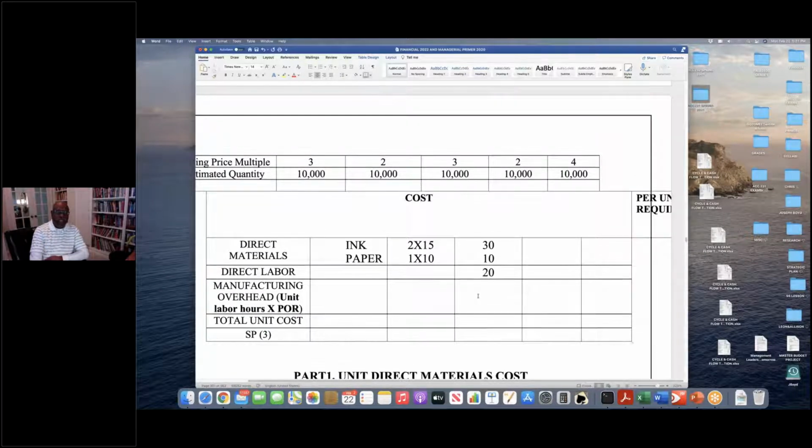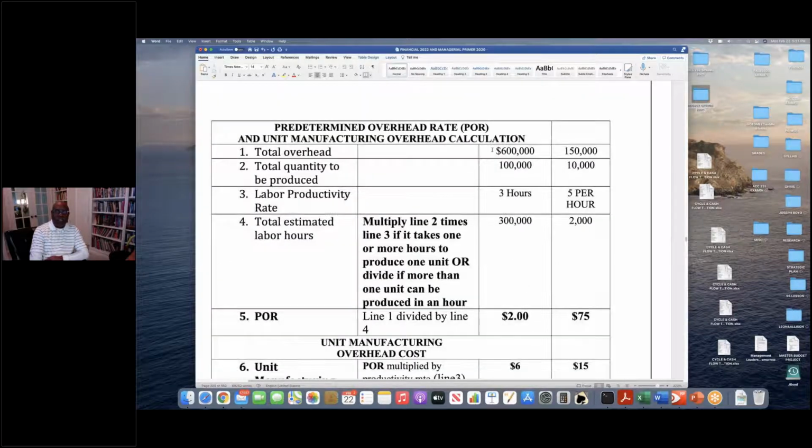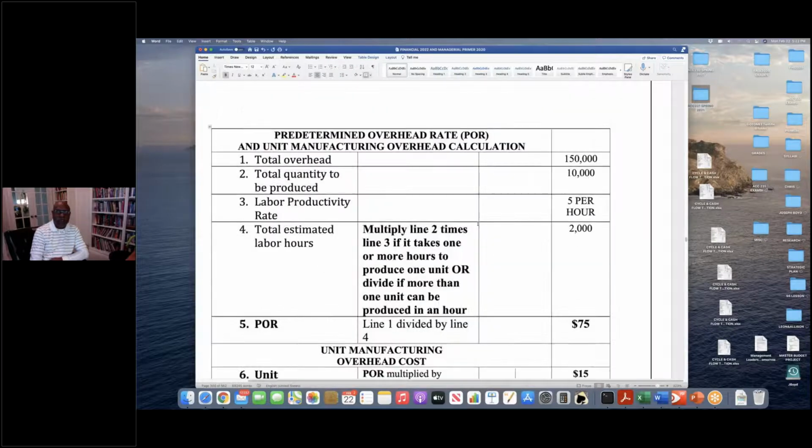What's the overhead going to be? We got to come back up here to our table. What's total overhead? Total overhead is 400,000. What's total quantity to be produced? 10,000. So how many hours is it going to take us to make them?